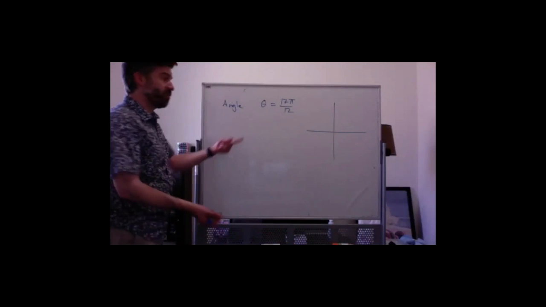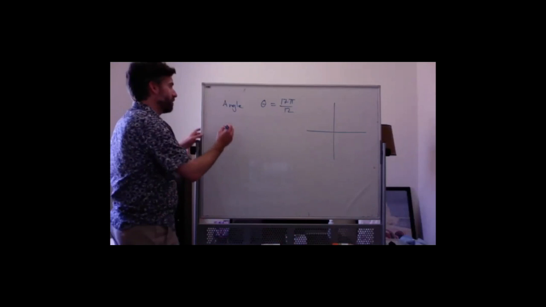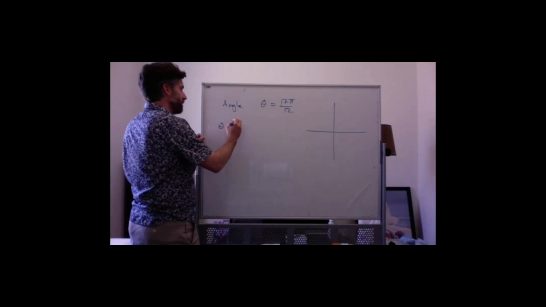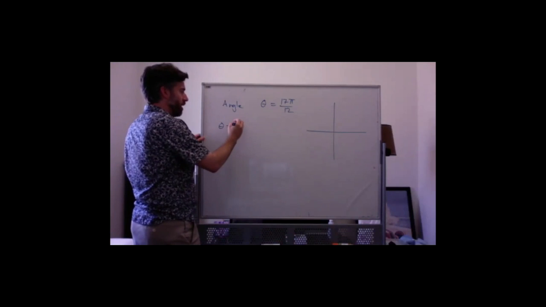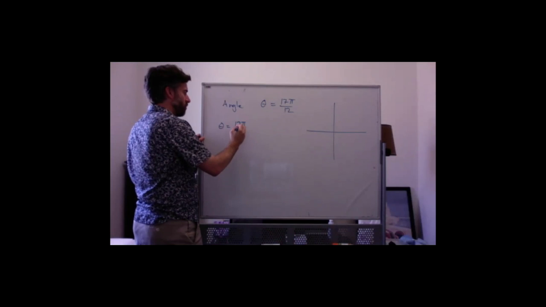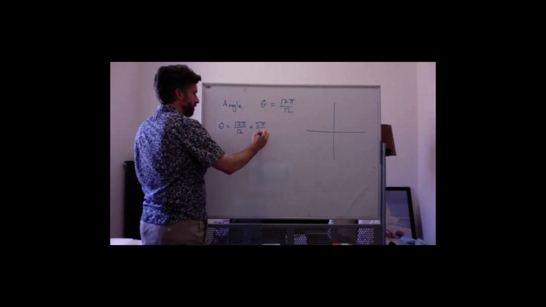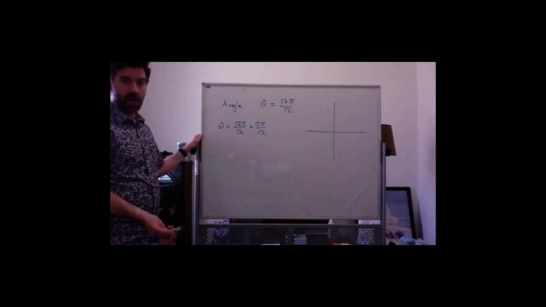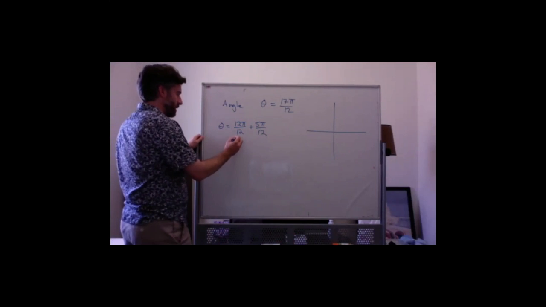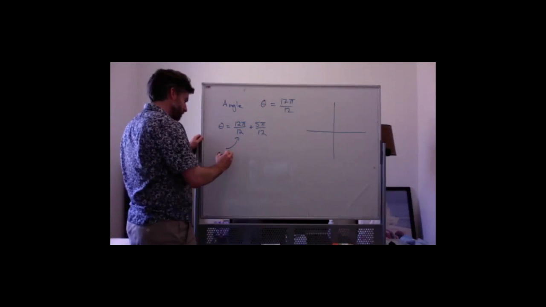Well, that's where I would break this up. I would break this up as 12 pi over 12 plus 5 pi over 12, to help me see that that's 1 whole pi.